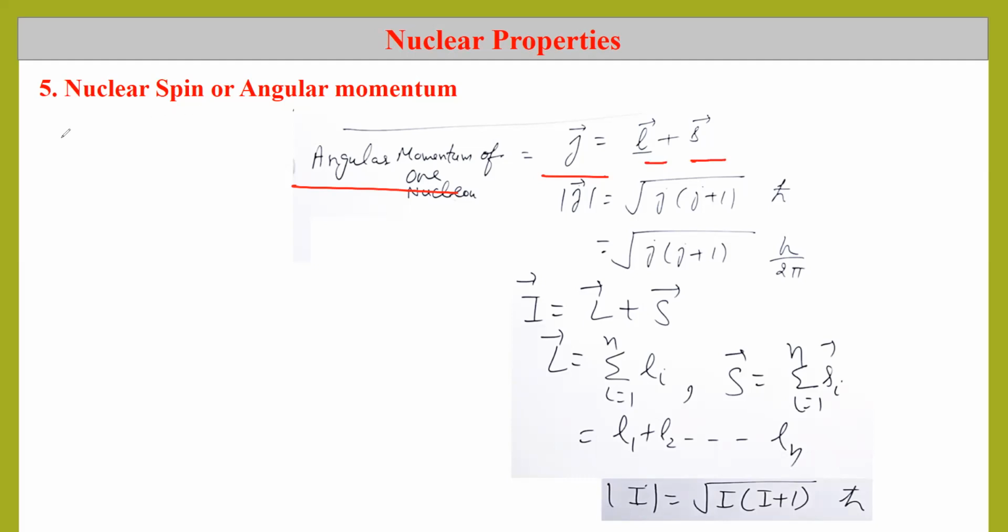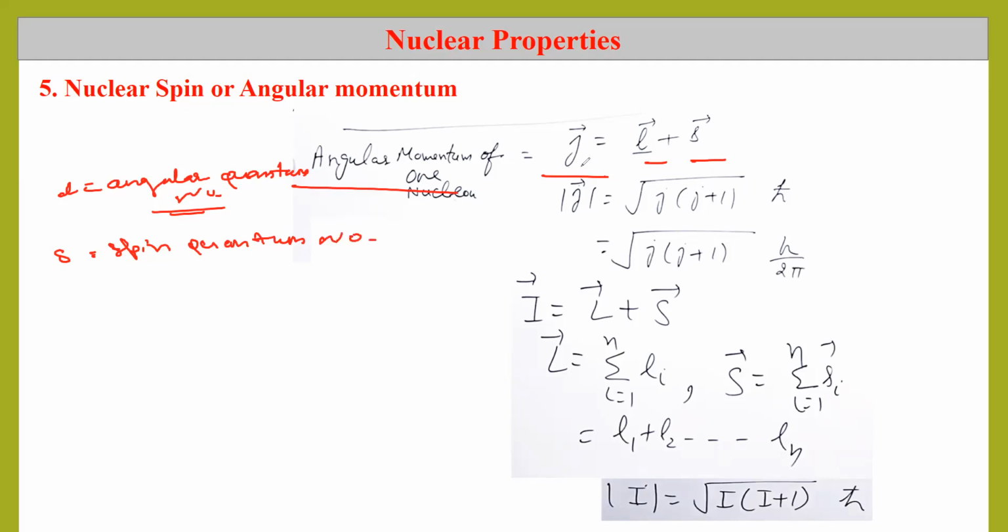What is L? We know that L is represented for the angular quantum number, and S is represented for the spin quantum number.